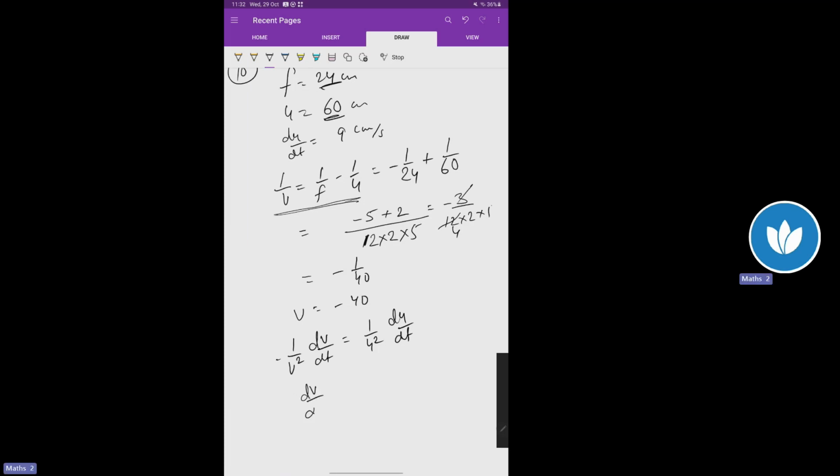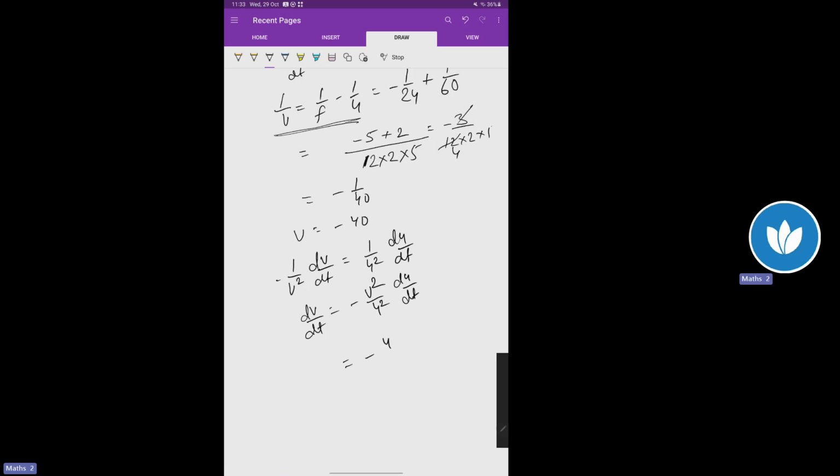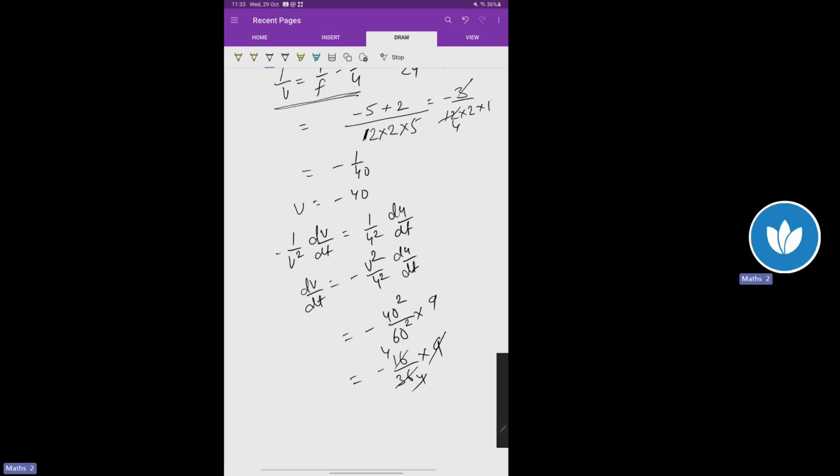So dV by dt, the velocity of image, is equal to minus V square by U square dU by dt, minus 40 square upon 60 square into 9, which is 4 centimeter per second. This object is moving towards the mirror, so the image will move away from the mirror. Option C, 4 centimeter per second away from the mirror.